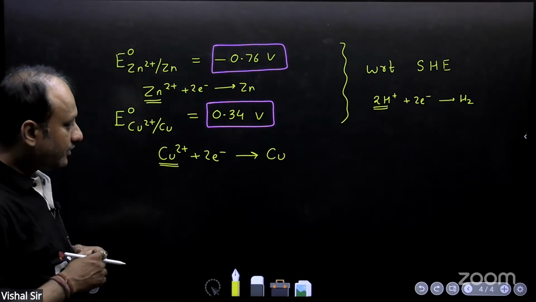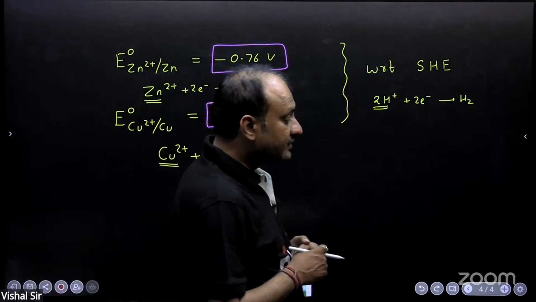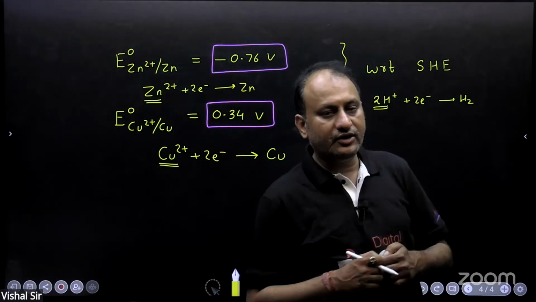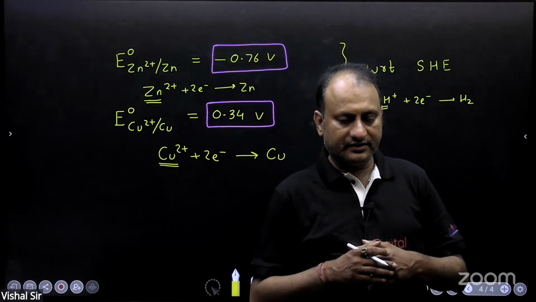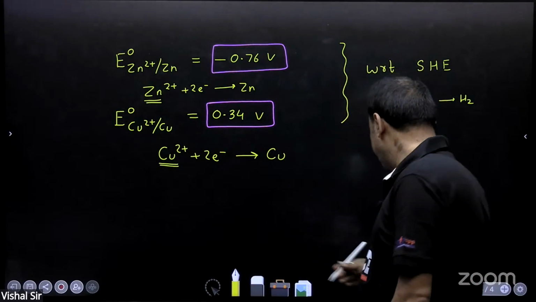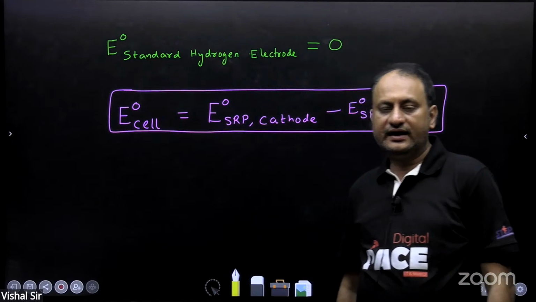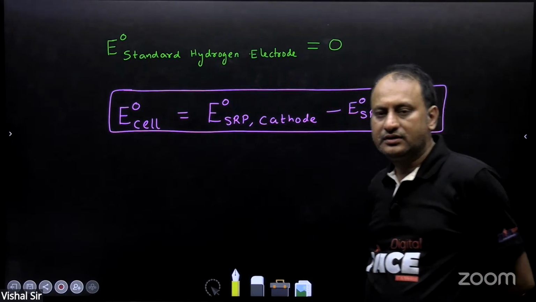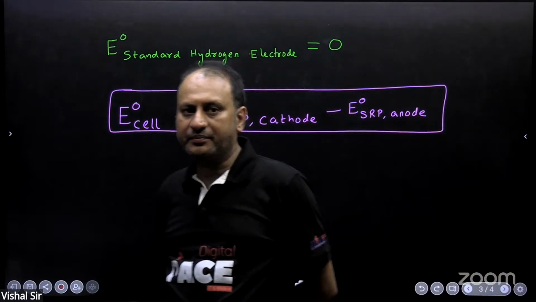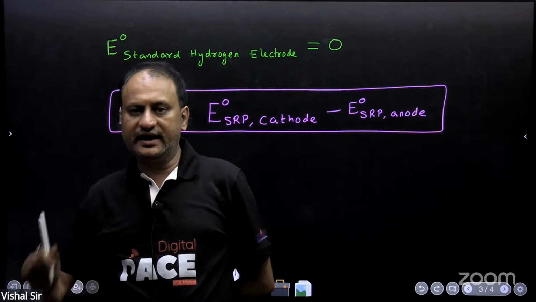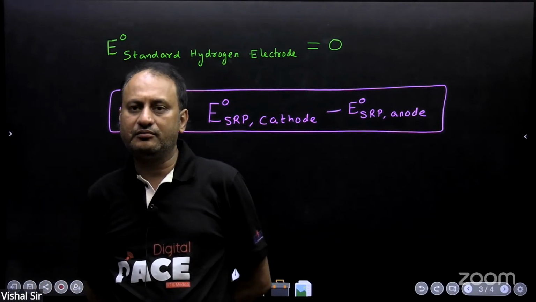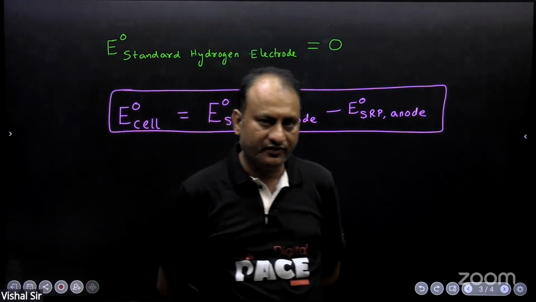Now, as far as calculating E naught of any cell is concerned, we had written this formula that E naught cell is SRP cathode minus SRP anode. Reduction voltage of cathode minus reduction voltage of anode.